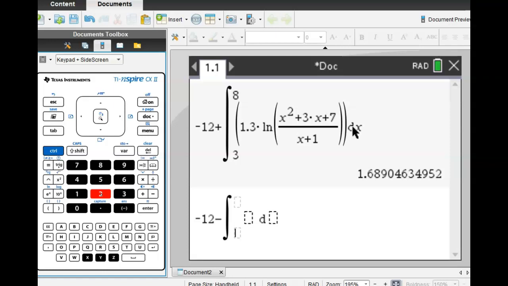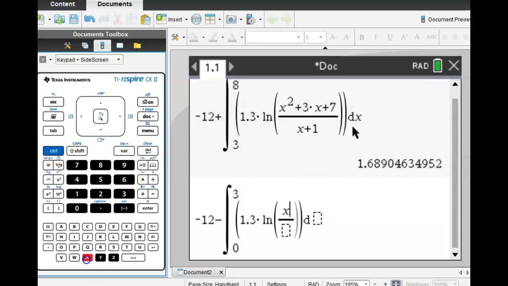Then this time I'm going from 0 to 3. (1.3) times natural log. I want a fraction, x squared plus 3x plus 7 over x plus 1.